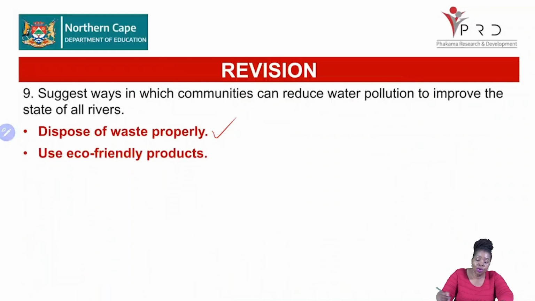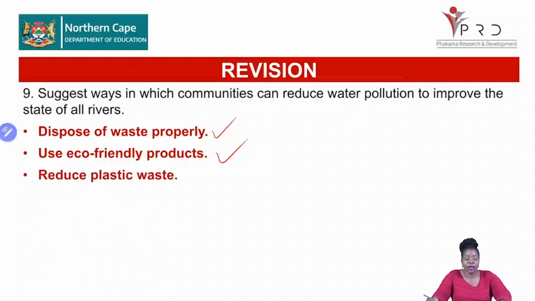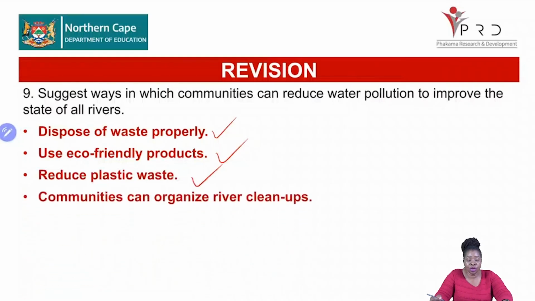Right, also use eco-friendly products, those products that are able to decompose, even if they are not disposed of properly. Right, also reduce plastic waste, because plastic is not biodegradable, it does not decompose. Right, also communities can organize river cleanups, to clean up all the waste that has gone into the rivers.